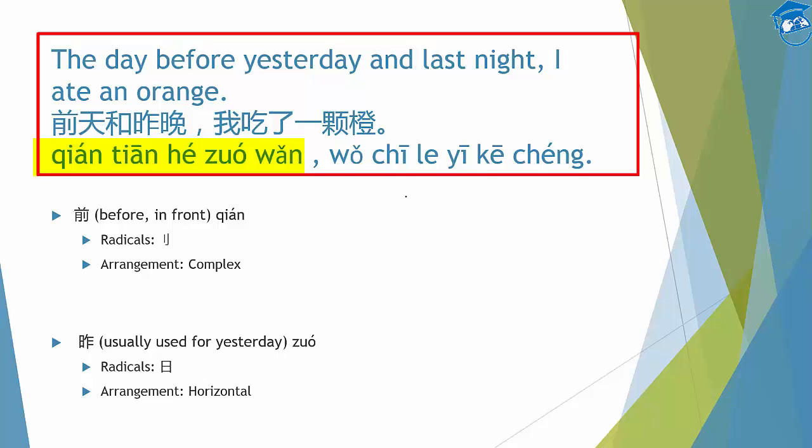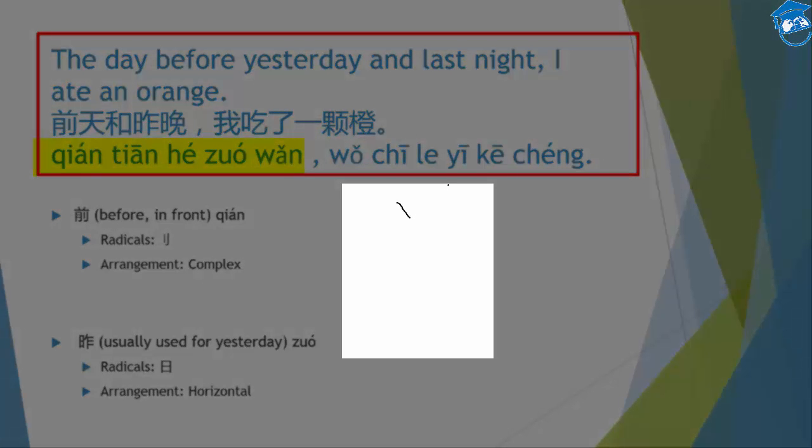Okay, so here's how to write 前. 1 2 3 4 5 6 7 8, 9 strokes for this one.